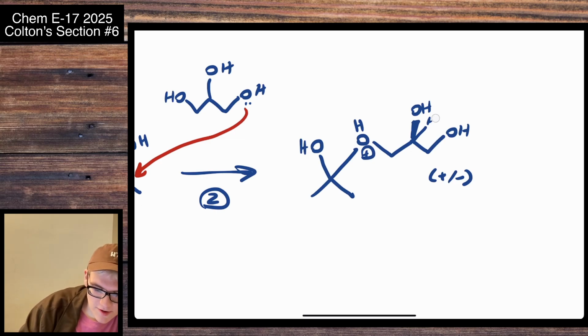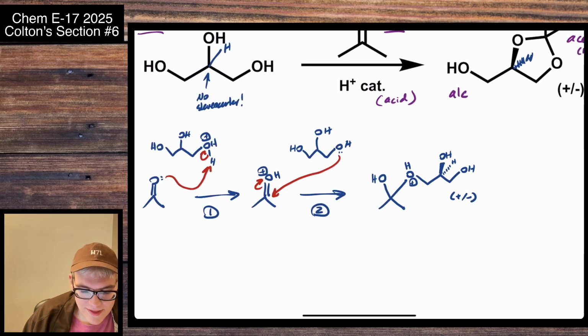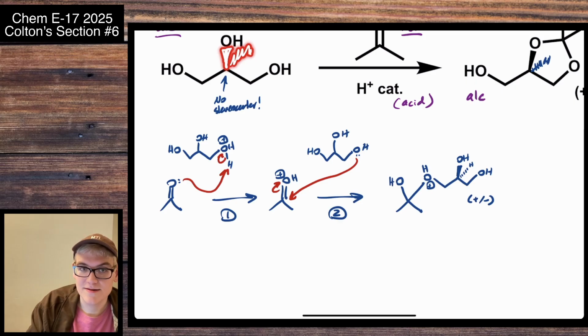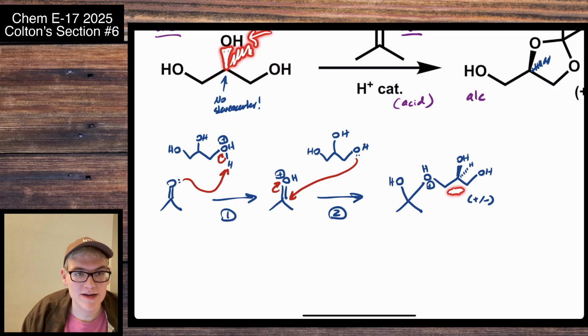And I was just showing this H here for clarity to show the 4 different pieces on it. But the other thing I want to say is, this OH could have been on a wedge or a dash before. Just because we draw a wedge or a dash does not mean something has to be a stereocenter. I could have drawn it like this initially, and it would still not be a stereocenter. But now that we have a stereocenter, we do want to very specifically draw that wedge and dash.